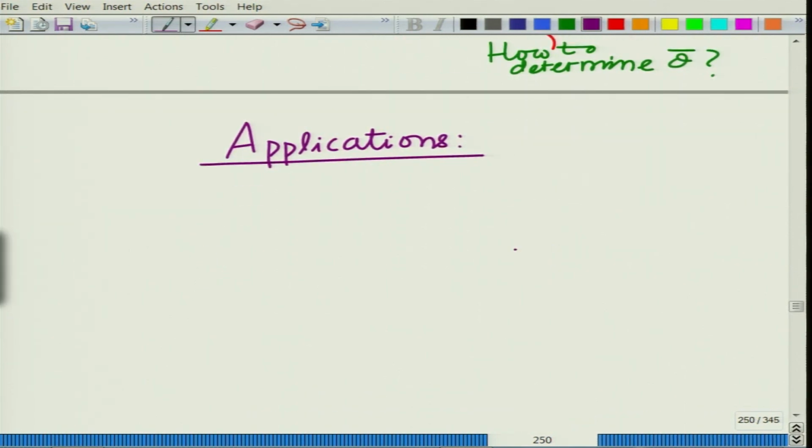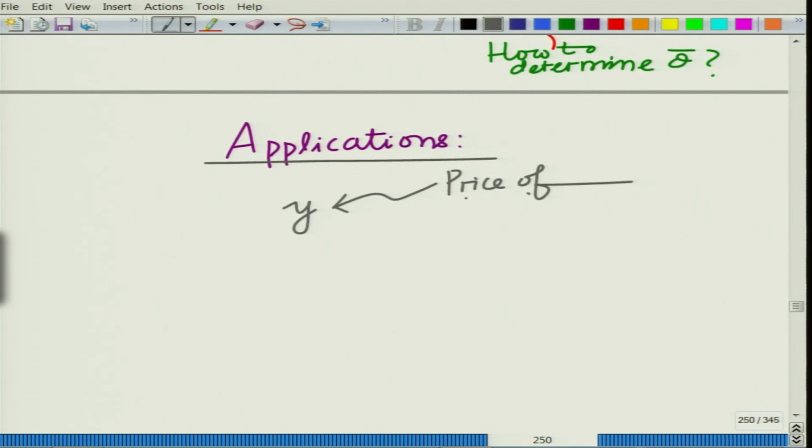For instance, y can be the price of a particular stock, and x1, x2, xn are the explanatory variables.